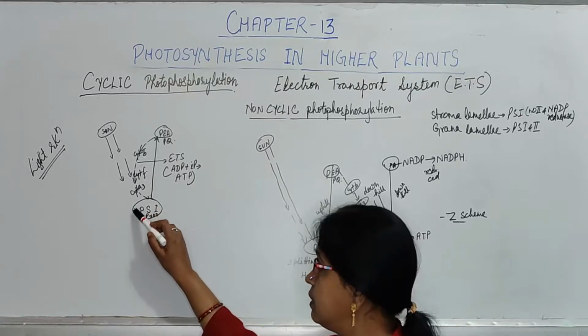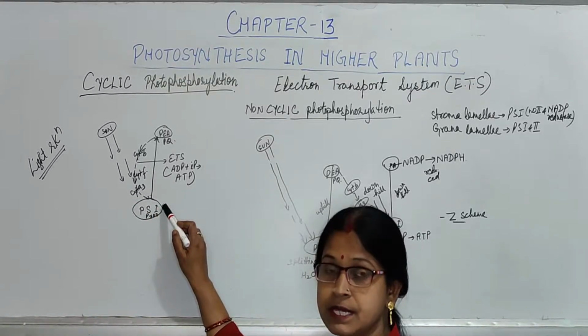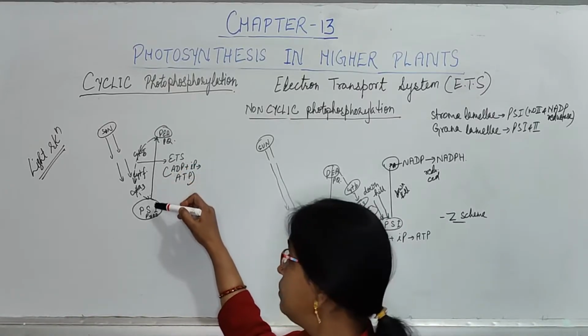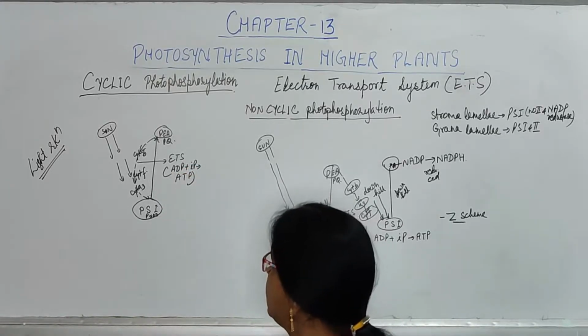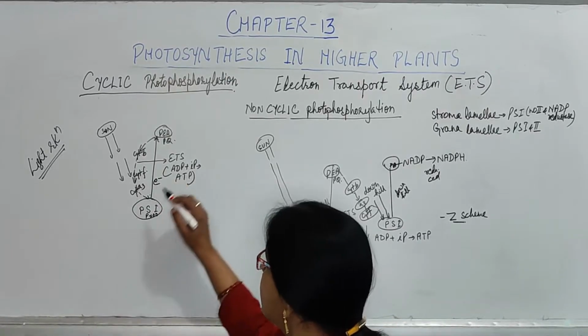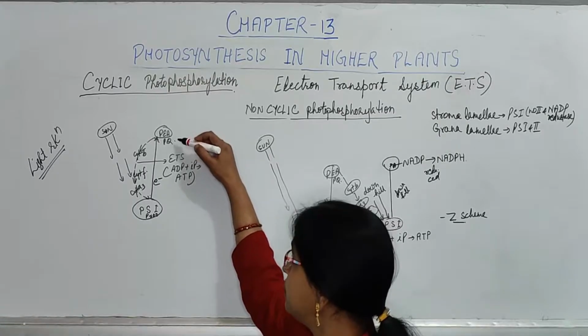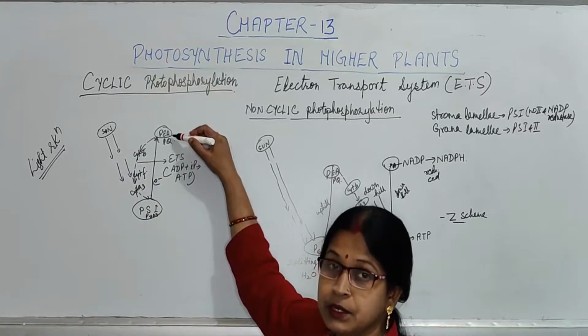Now this PS1 or pigment system 1, when it absorbs the light from the sun, the electrons of this pigment system become excited and are emitted outside. Now these electrons are captured by the primary electron acceptor, generally plastoquinone, and it becomes reduced.